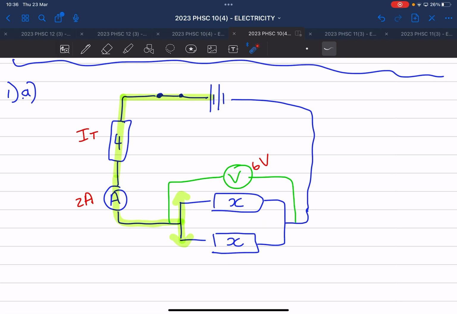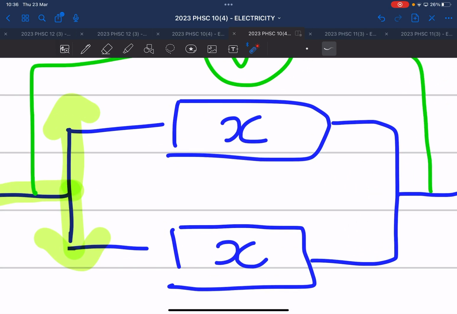Okay, and where will that be? Yes, Zara?